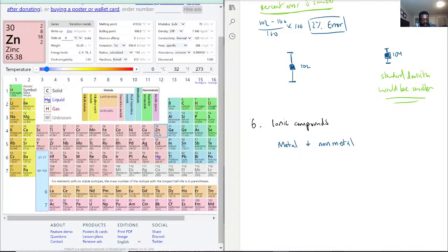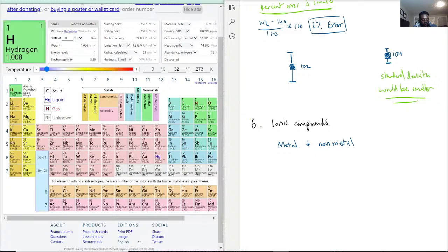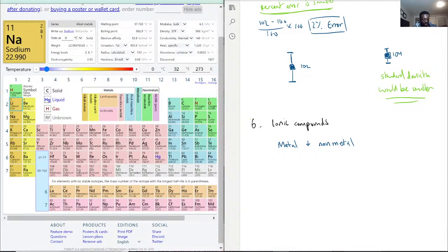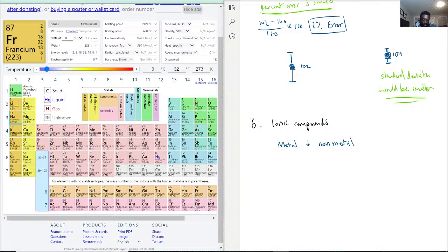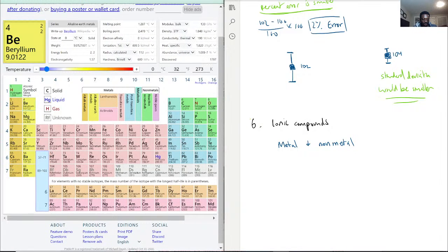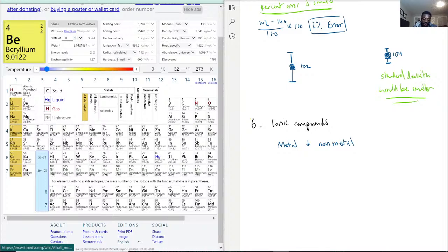So as you can see here, except for hydrogen, this column 1, just know the ones I'm highlighting here. These are known, as it says here, as the alkali metals, okay? You go over to column 2, alkaline earth metals.